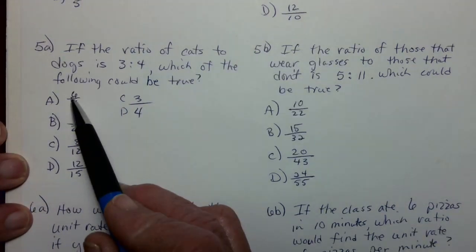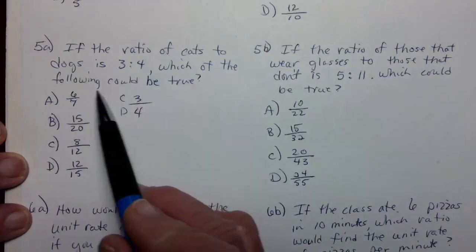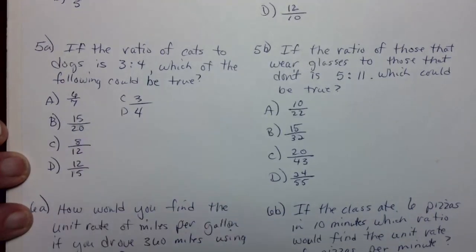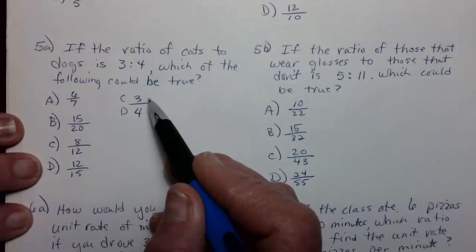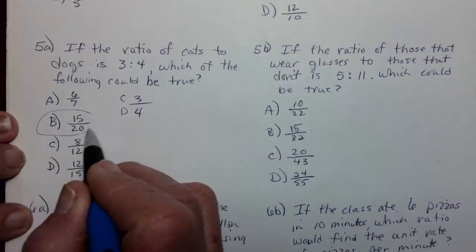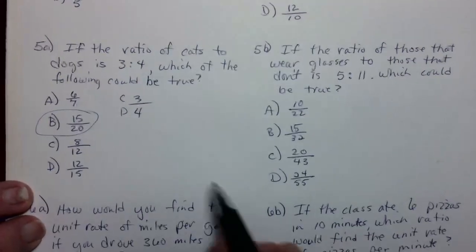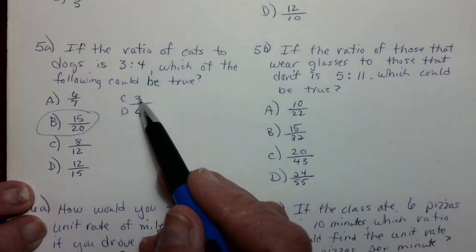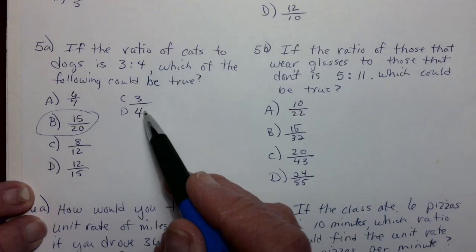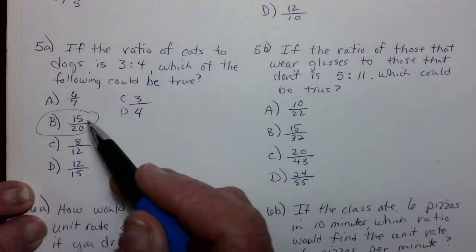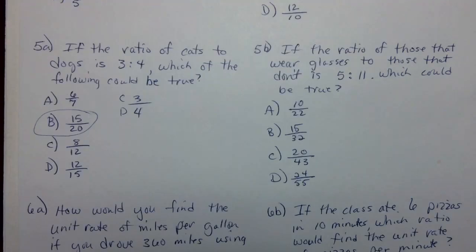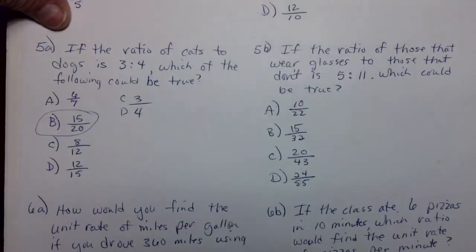Well, if I look at this one, 2 times 3 is 6, but 2 times 4 is not 7, it's 8, so it's not A. 5 times 3 is 15, and 5 times 4 is 20. Oh, that one looks good. Let's check the others. There's nothing I can multiply by 3 to get 8. And 4 times 3 is 12, and 4 times 4 is 16, so that's not, so it must be B. Okay, we're looking for an equivalent fraction.